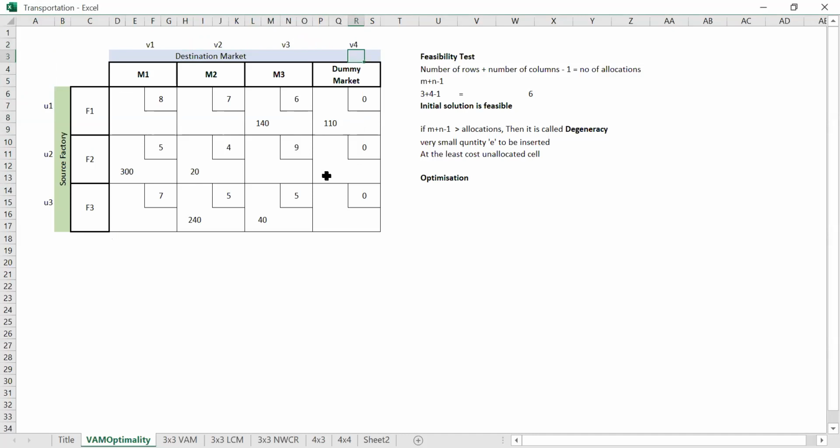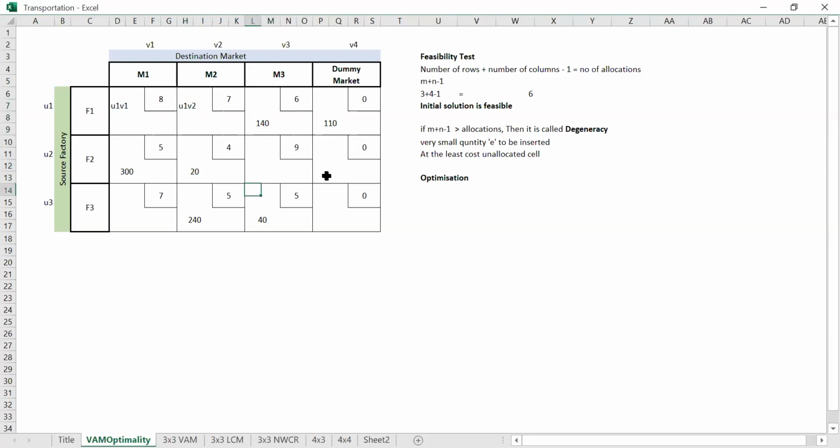We're giving generic names to the rows and columns. You can have factories, markets, customers, warehouses, whatever is there in the problem. We'll just give common names of U and V. So each cell is now given an address. So this cell address is U1, V1. This cell address is, oh sorry, U1, V2.